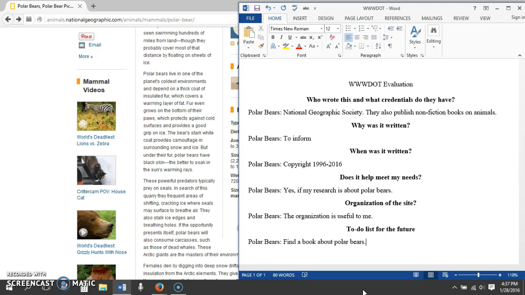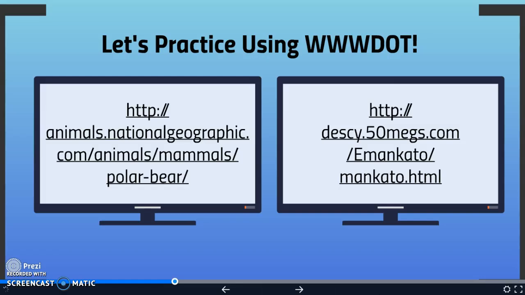Yes, it does if my research is about polar bears. Organization of the site is useful to me since it's on my reading level and I can find information easily. To-do list for the future would be to go find a book about polar bears. Alright, we've evaluated the polar bear website using the WWWDOT criteria, and it looks like a pretty good site for our research needs.